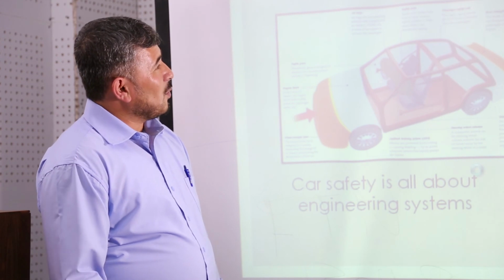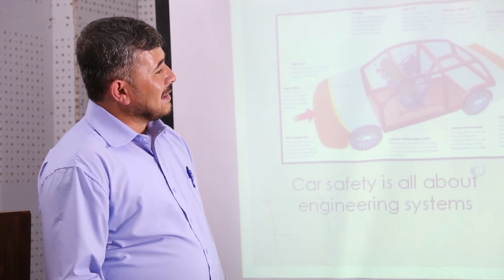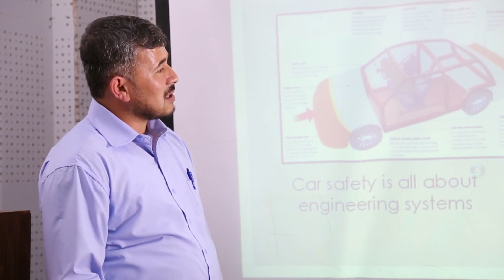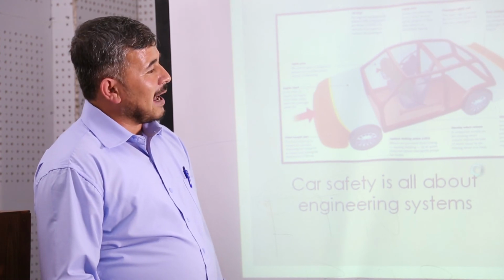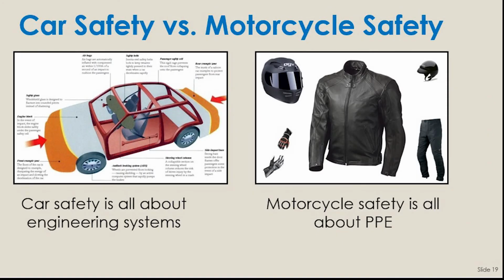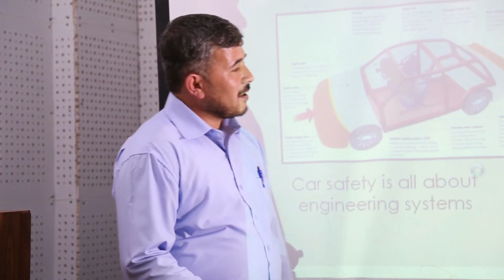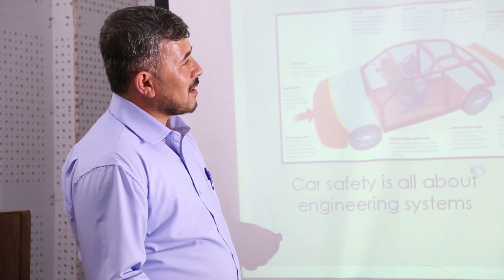So now we can compare the PPE that is used for motorcycle safety and the engineering control for a driver inside the car. So let's check the PPE for a motorcycle.